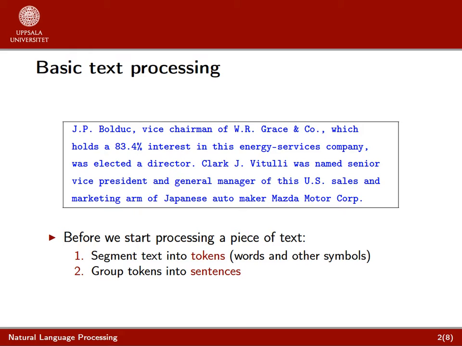Tokens is the general term for words and other meaningful symbols like punctuation marks and so on. Normally, we also have to group these tokens into longer sequences that we call sentences, because this is typically the basic unit that NLP tools can handle.